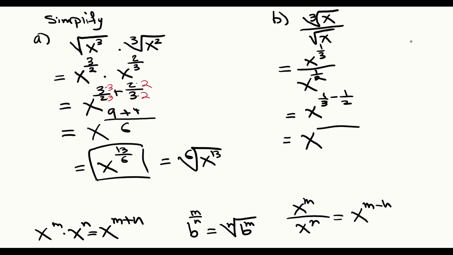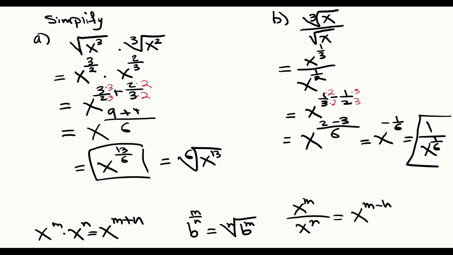So x to the, we need a 6, so once again times 2 times 2 times 3 times 3, so we get x to the 2 minus 3 over 6, which is x to the negative 1/6, which of course we will not leave like that because of the negative exponent. We'll go ahead and leave the final answer as 1 over x to the 1/6.